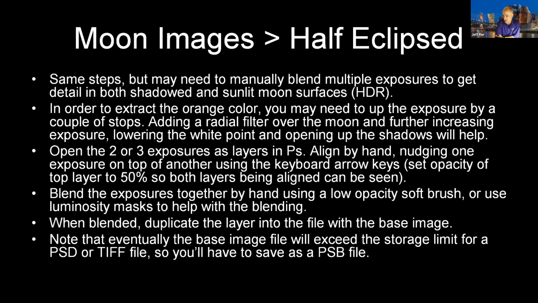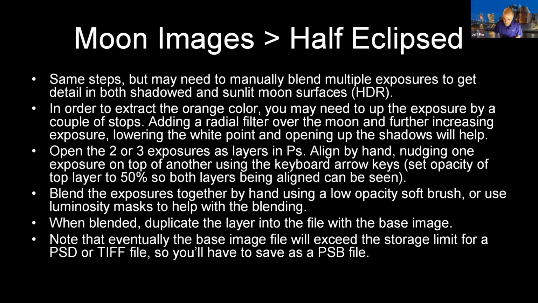Since I took 3 bracketed exposures of each moon, I can take one of the darker exposures and adjust the exposure of that one for the bright part of the moon, and then blend the two together, essentially creating an HDR image of this eclipsed moon. And so that's what I did.